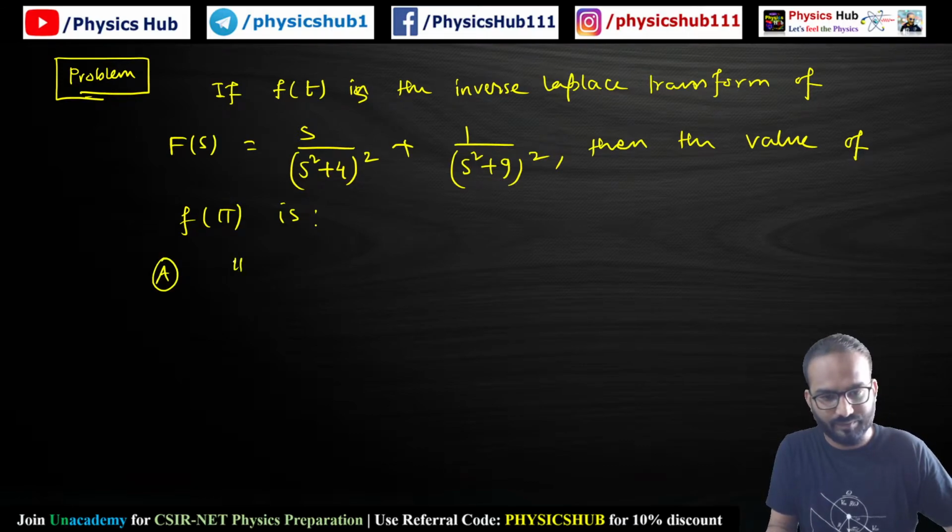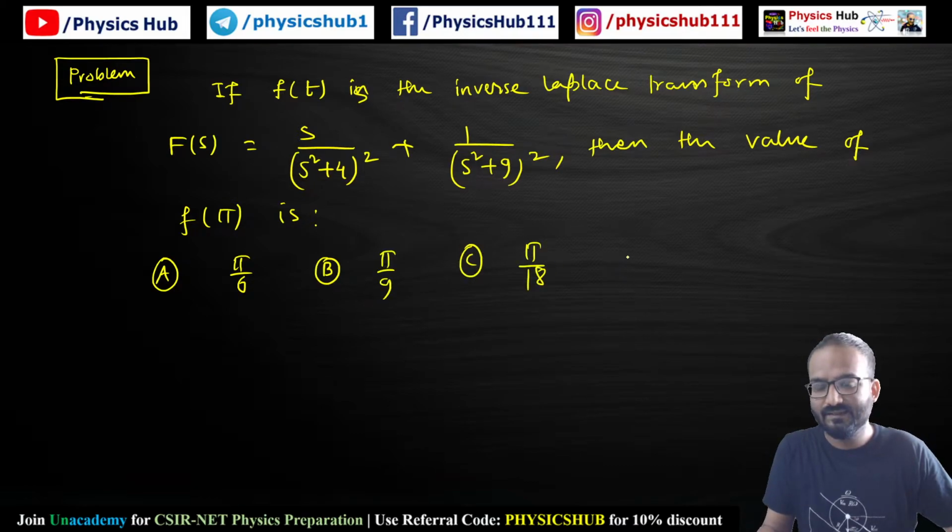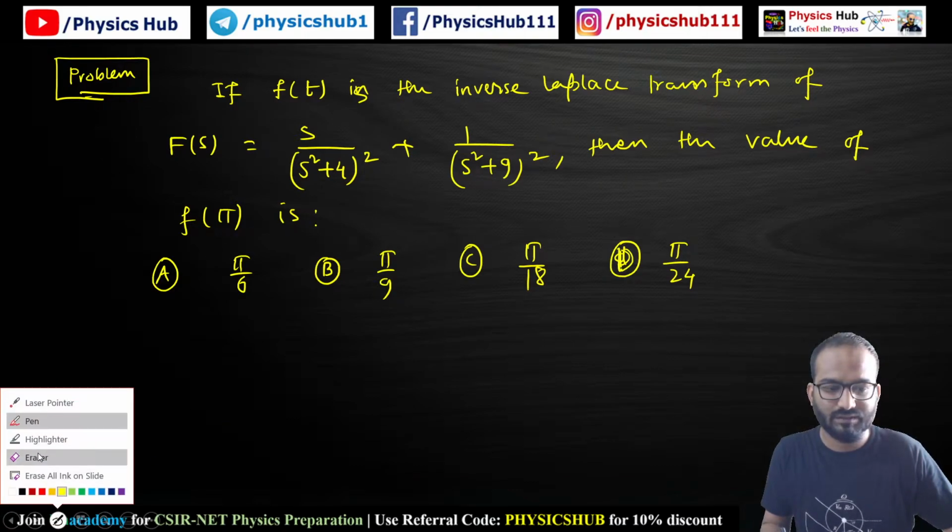The first option is pi by 6, second option pi by 9, third option pi by 18, fourth option pi by 24.